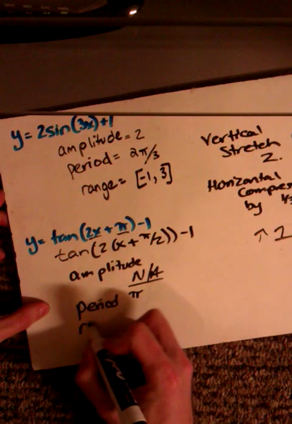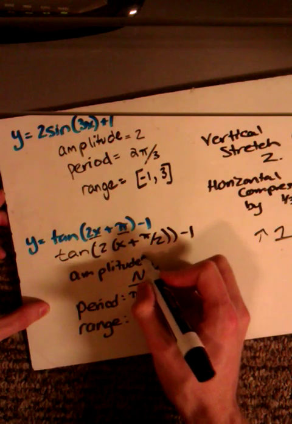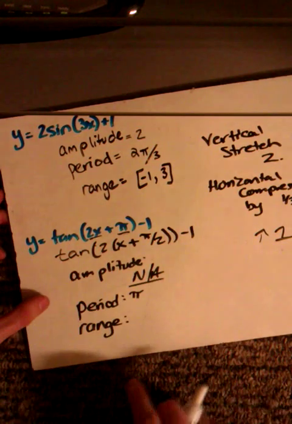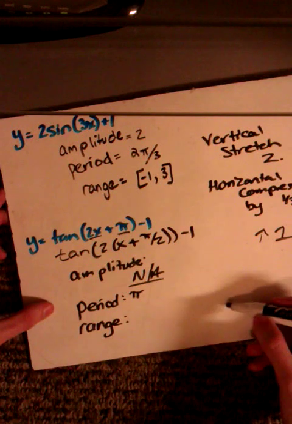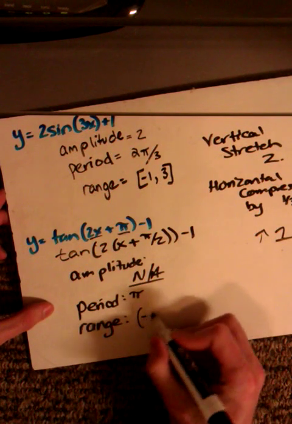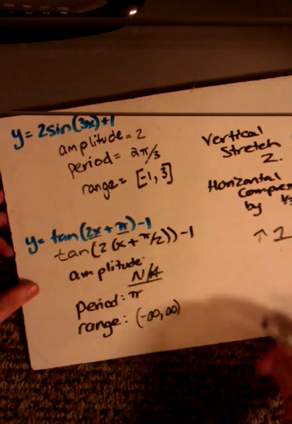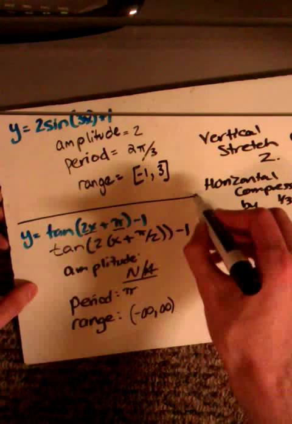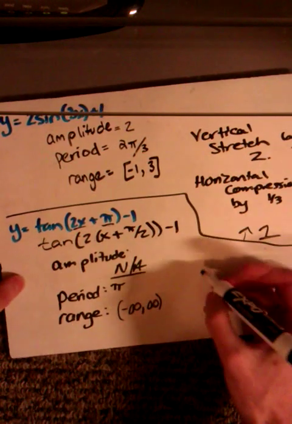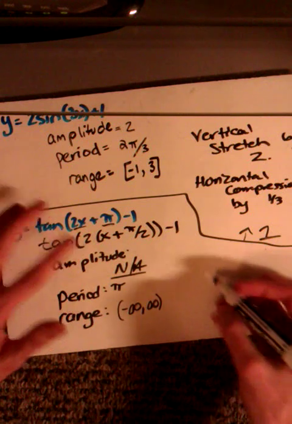The range for tangent, I guess I shouldn't have erased that right then, but if you need to go back, you can scroll your video backwards. You see that the range would be from negative infinity to positive infinity. Write that as such. And then the last thing we have to do is list the translations. Well, the first thing we come across looking at this is the 2 here.